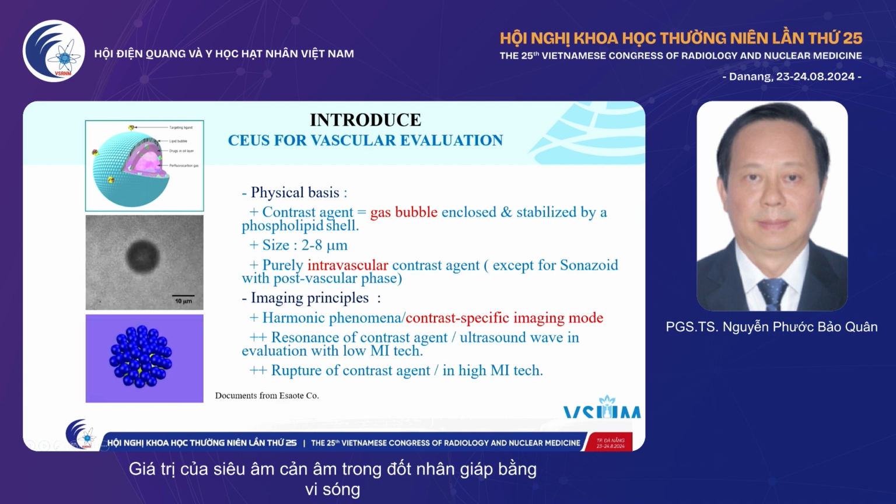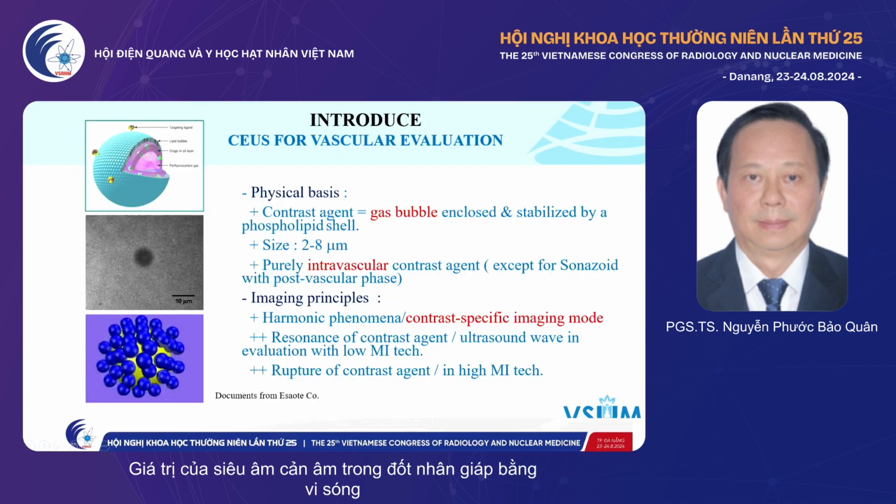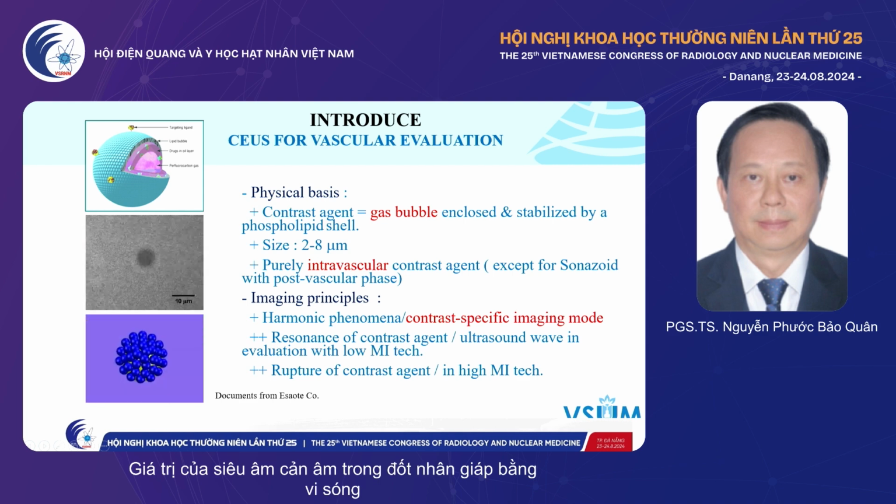It uses gas bubbles with a diameter of around 2 to 8 micrometers. This contrast agent is injected into the blood flow to investigate the microvessels and the hemodynamic enhancement of the tumor.